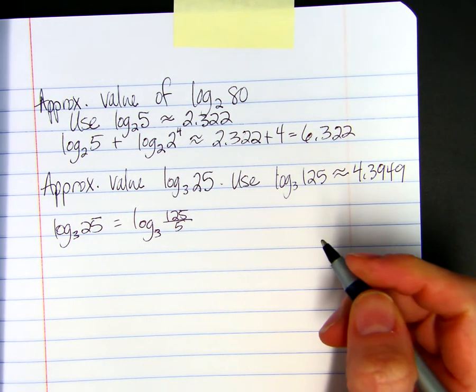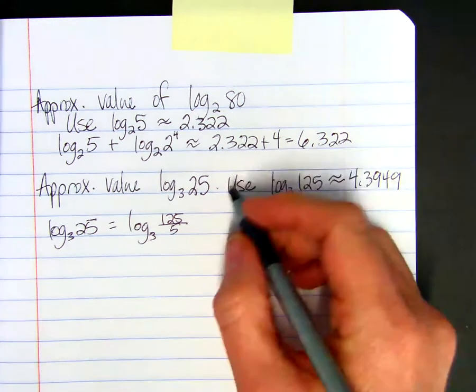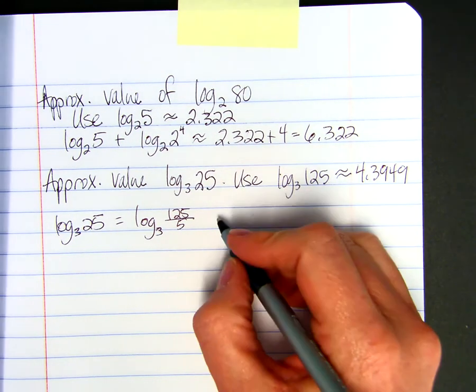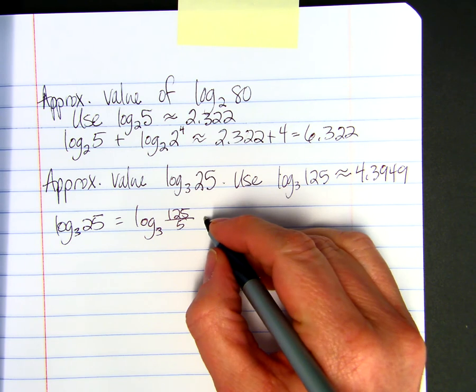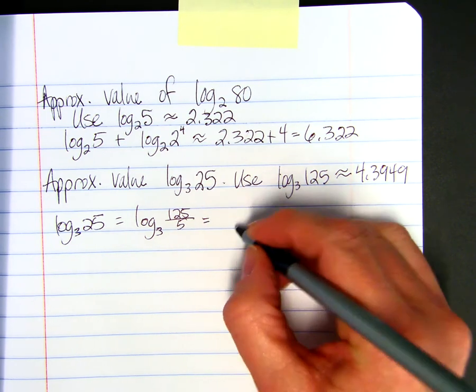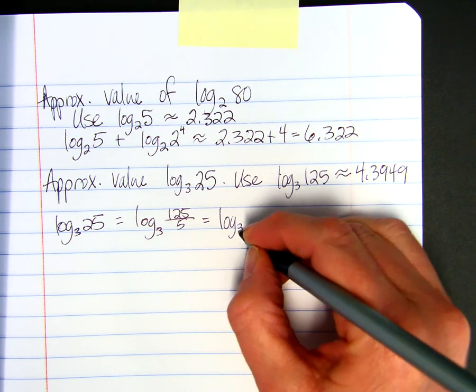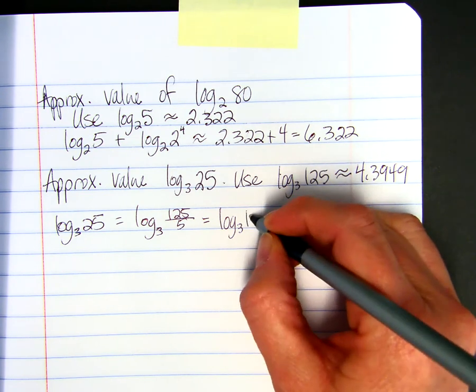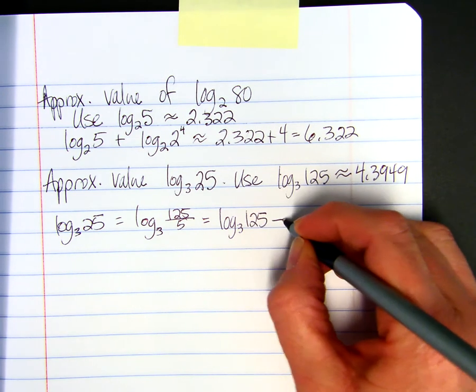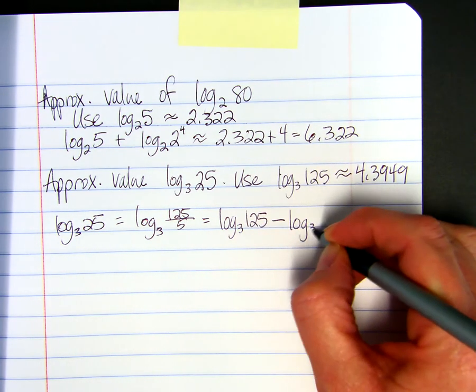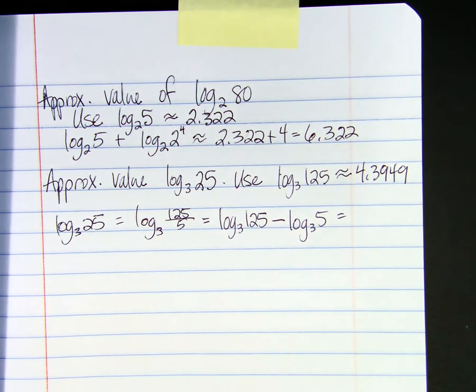True? Okay. Then we could subtract. So log base 3 of 125, which they gave to us, minus log base 3 of 5. Uh-oh. I think I was supposed to tell you what log base 3 of 5 is.